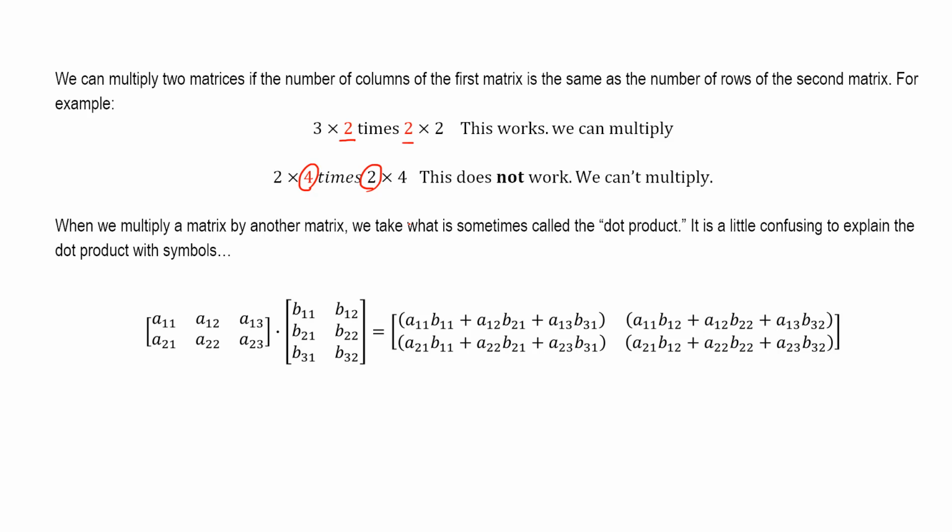And your solution, your product, will end up being this by this. So if you multiply a 3 by 2 matrix by a 2 by 2 matrix, you're going to end up with a 3 by 2 matrix. So the answer, the product, will have the same number of rows as the first matrix and the same number of columns as the second matrix.